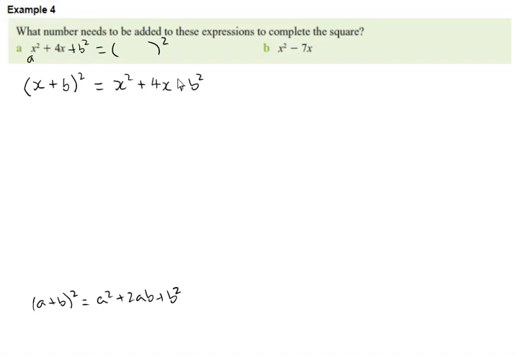Now, all we need to find out is what b is, and the key is the middle term here, because we know that this is 2ab.